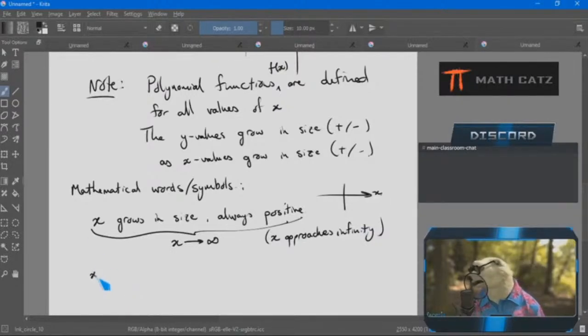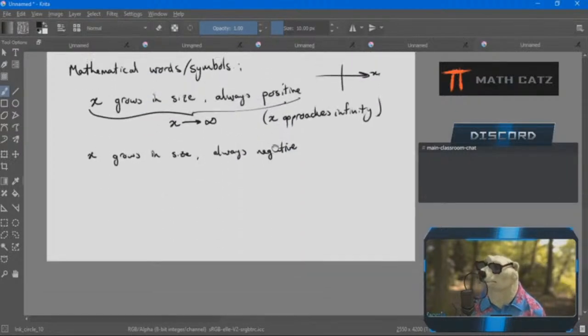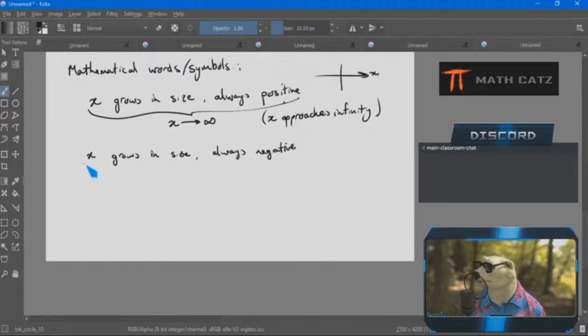Okay. Then, if I go in the opposite direction, the x values grow in size. If I look at the absolute value, then the size of the number, but always negative, I'm going to indicate that with x, of course, my variable name.